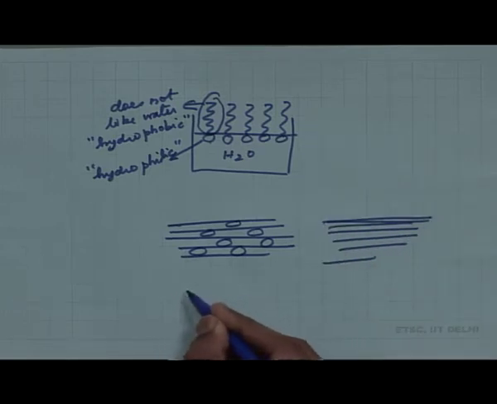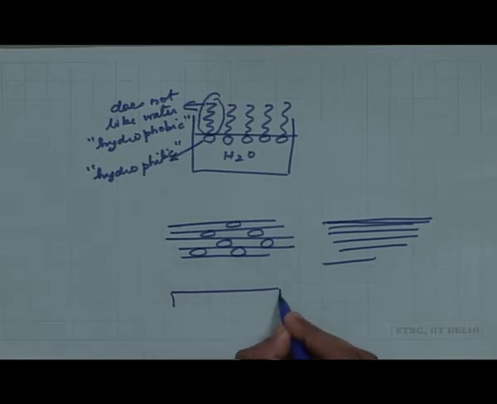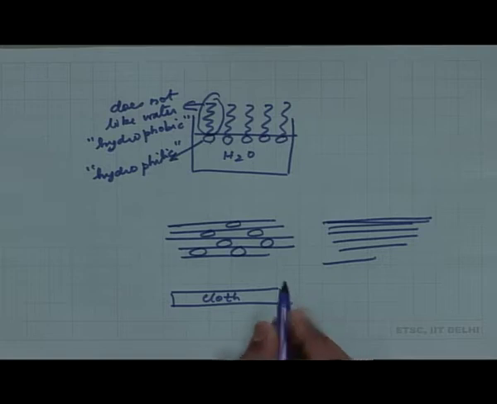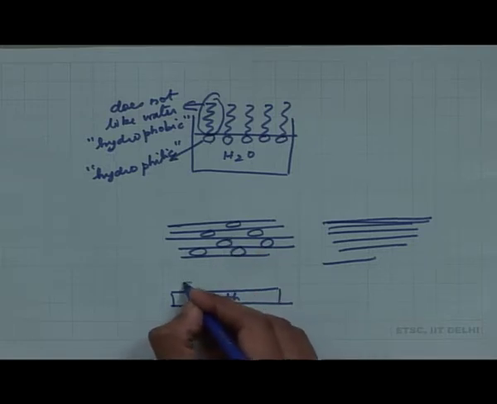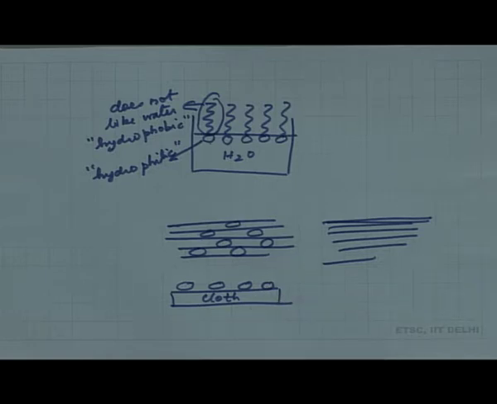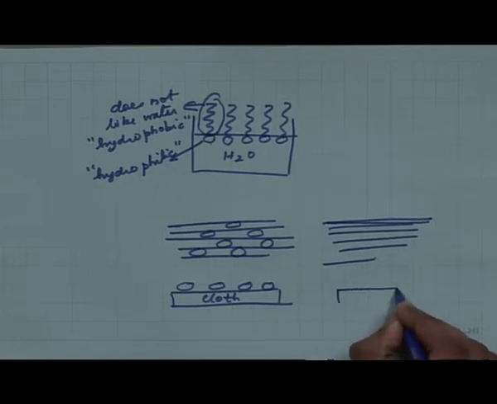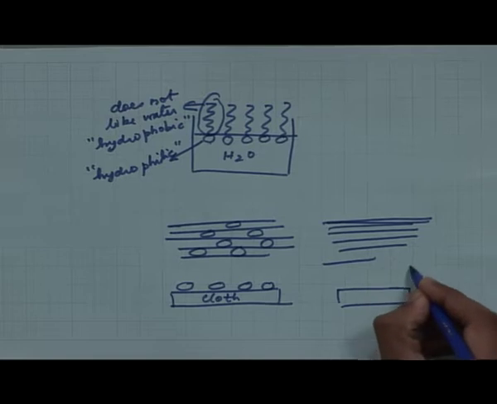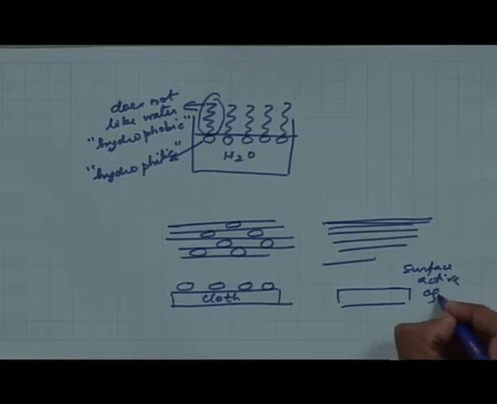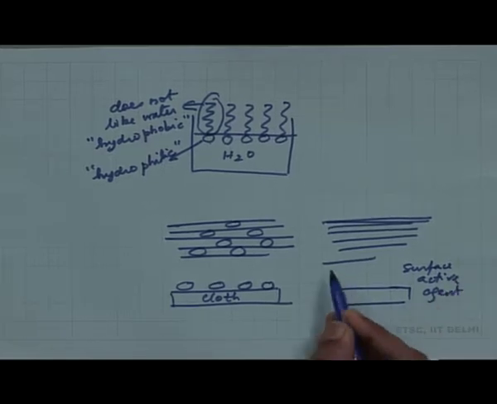So, if I now draw this differently, imagine this is the surface of your cloth. If you did not have the surface active agent, the water will sit like this as drops. Now, if you have in the presence of a surface active agent, which is called a surfactant, in this case the long chain fatty acid with a polar head group, the water will spread like this.